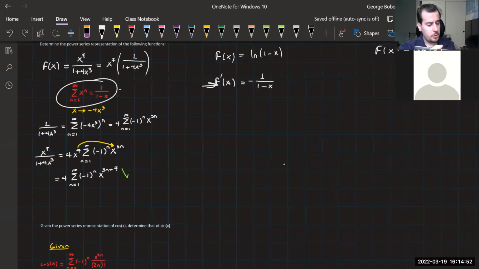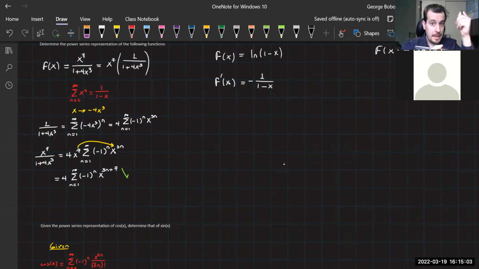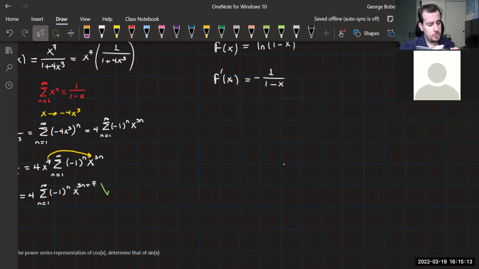Look how similar these are, right? Yeah. So the idea here, Kelly, is why don't I find the power series representation of the derivative and then integrate that to go back to f of x and find that power series. You know what I mean? That is perfectly doable. And that's exactly what we're going to do here.